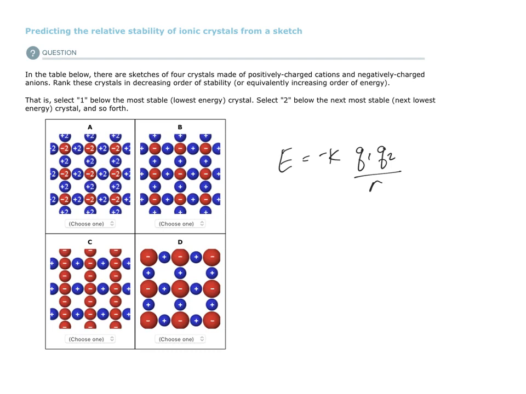Since this is negative k, your energy is going to be very big negative if your charges are large and your distance is small.